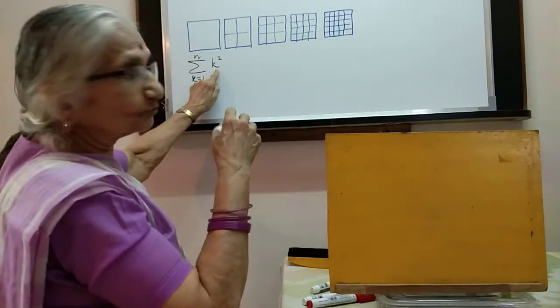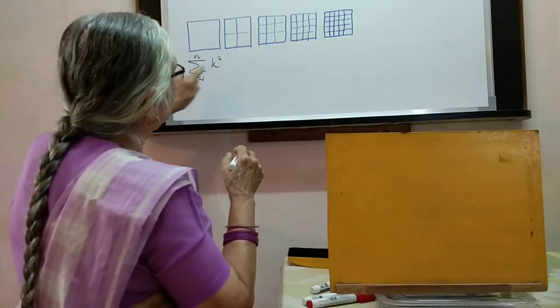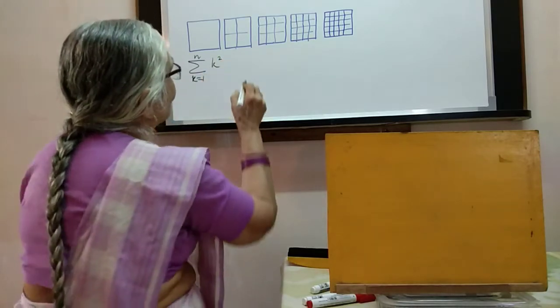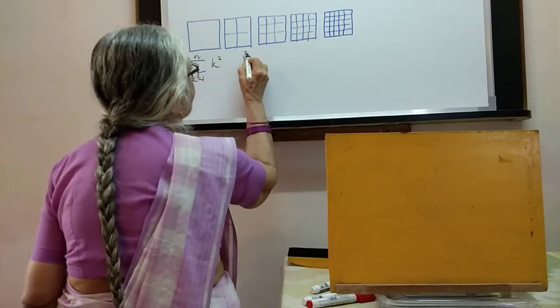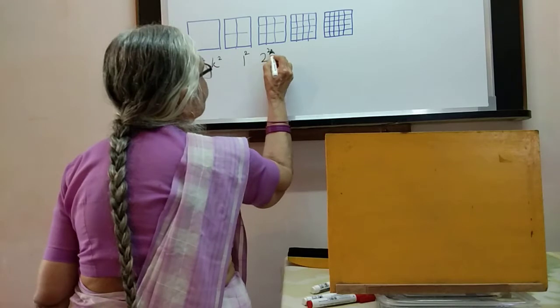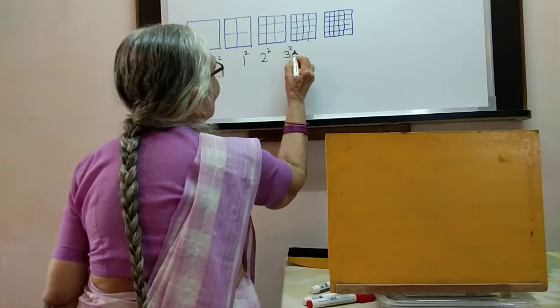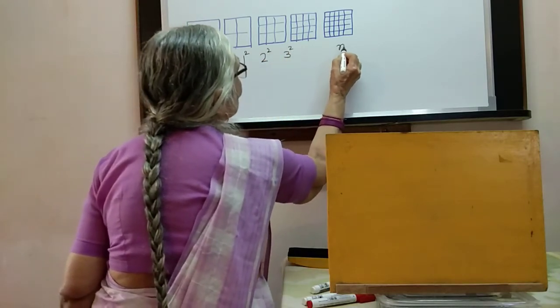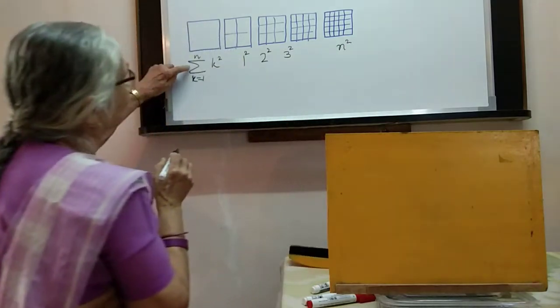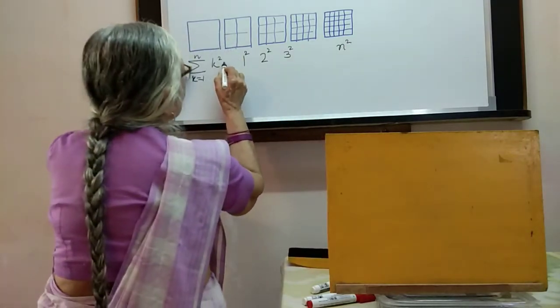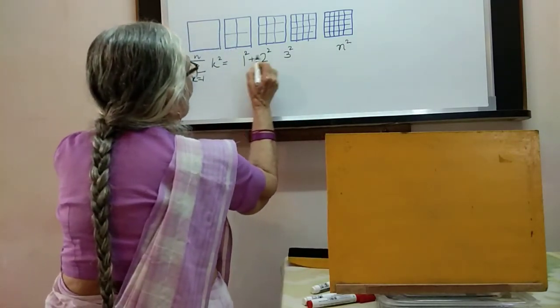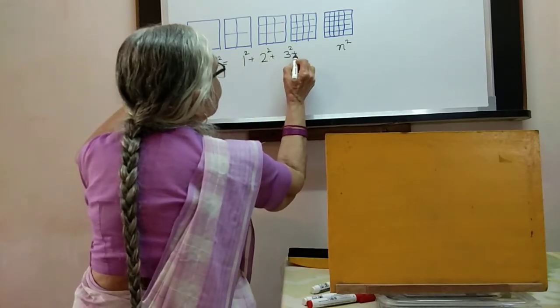We take k equal to 1, 2, 3 up to n, and we have to take the square. So we take 1 square, 2 square, 3 square, and so on, all the way up to n square. And then we have to take the summation. So this is the sum of all this.